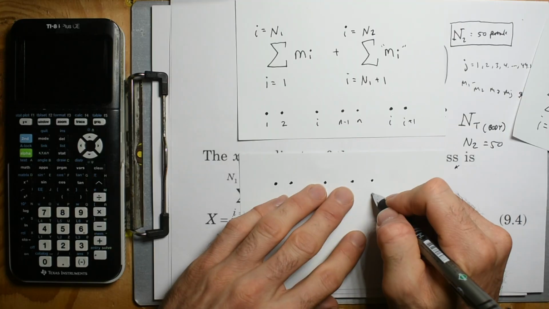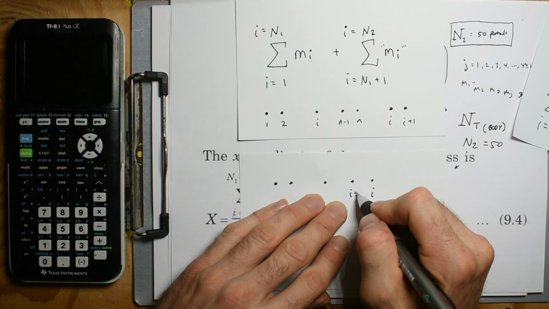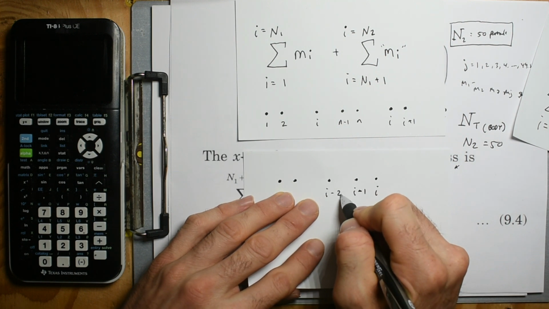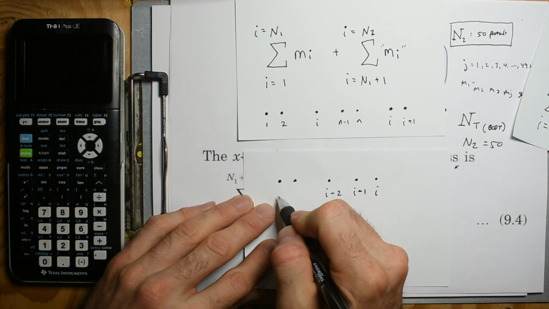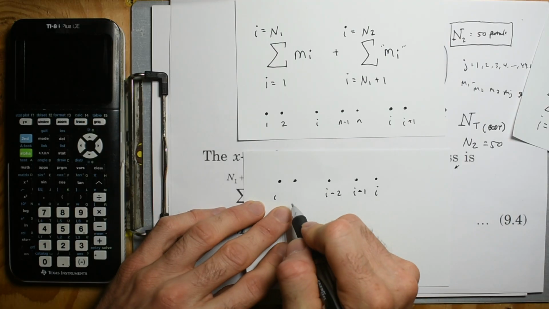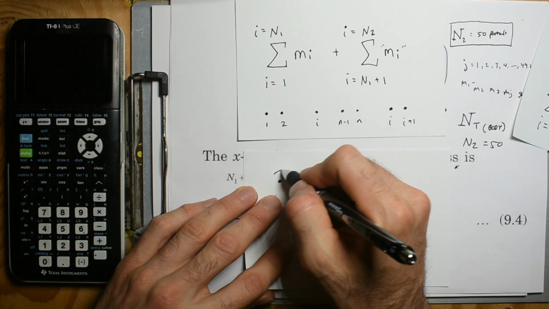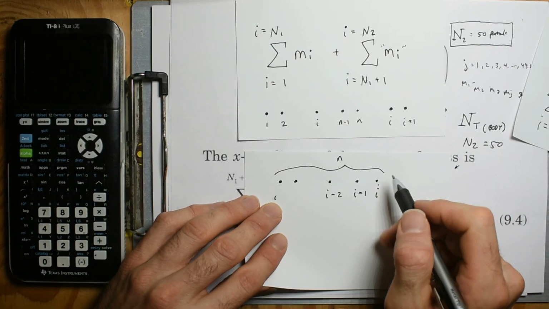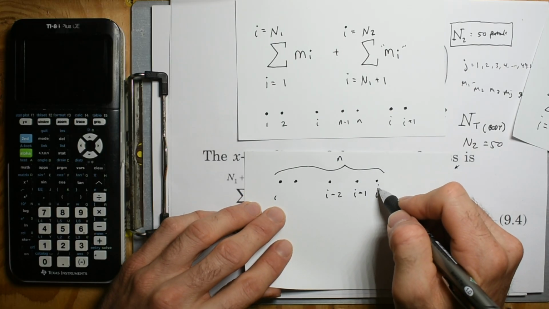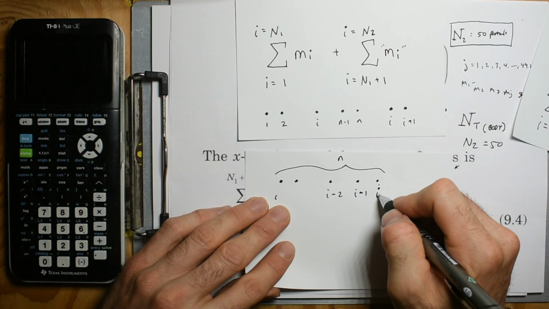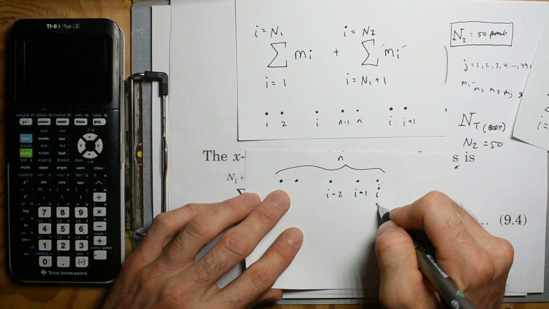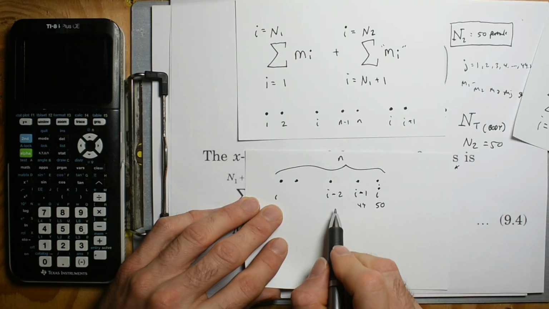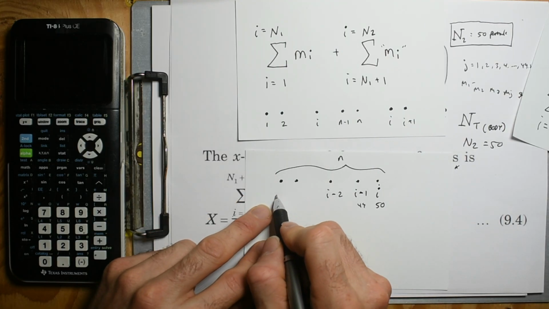Let's put the i right here. So this is particle i, this is going to be i minus 1, this is going to be i minus 2. Well, if this is n particles, let's say this represents 50, this is going to be 49, 48, so then this would have to be the first particle.